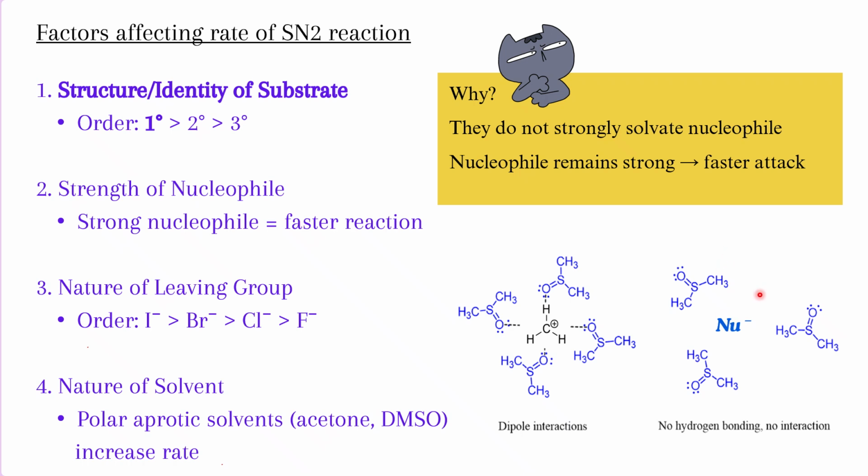Why? Because there is no proton with which it can interact. So hence this nucleophile is readily available for the attack, and this is what we need, because if we have to increase the rate of SN2 reaction, we need a stronger nucleophile.